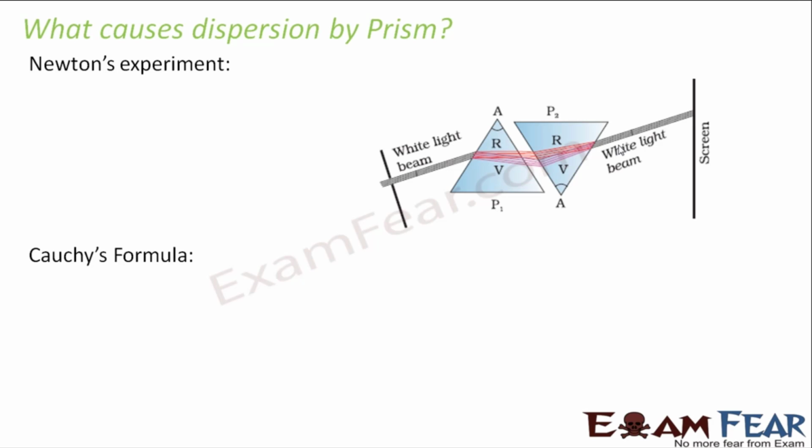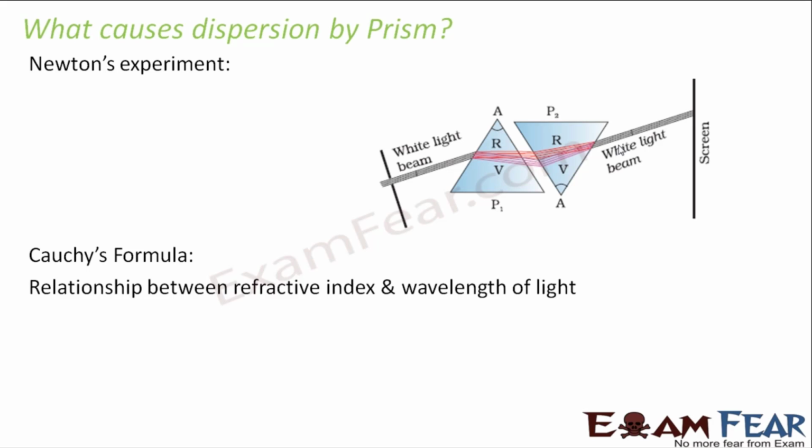Later, after Newton's experiment was done, there was a scientist named Cauchy who performed some more experiments, and he did further studies on this topic, and he gave a relationship between the refractive index and wavelength of light. So what did he say? He said that this prism, since it is made up of glass, has a refractive index of its own.